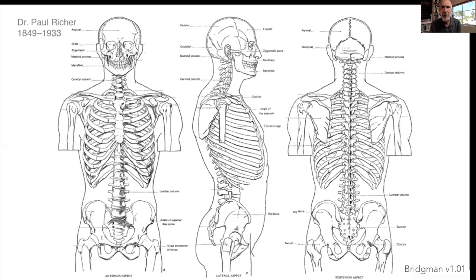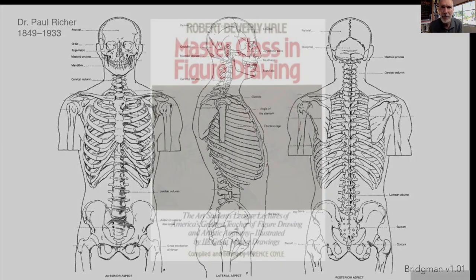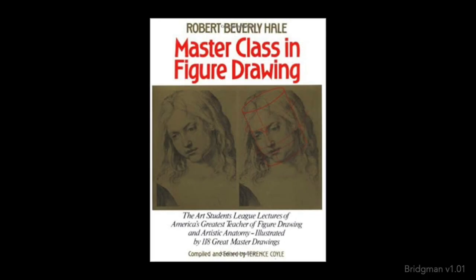By the way, I should mention this. This is important for those of you who buy the wonderful book by Robert Beverly Hale called Masterclass in Figure Drawing. It's a great book, but it's got at least a dozen, maybe 20 errors in it. And some of the worst and most confusing errors are on the red overlay of this chart in that book that will drive you crazy. So I just tell you that if you go to Robert Beverly Hale's book where he took this, he didn't do it.